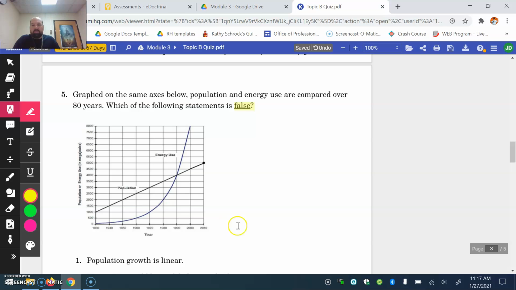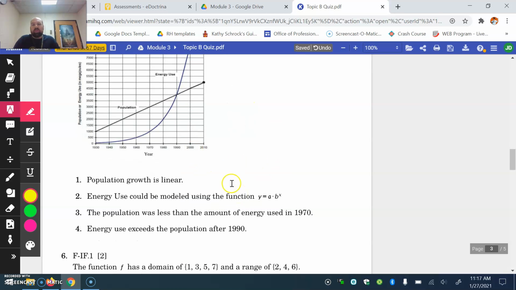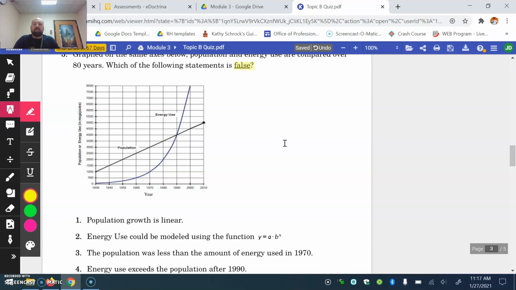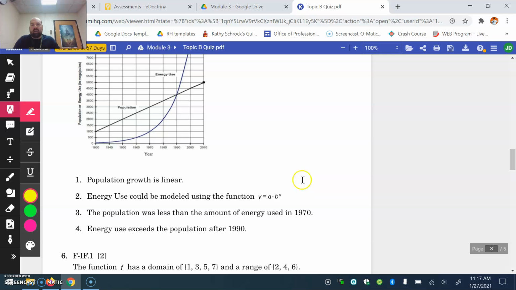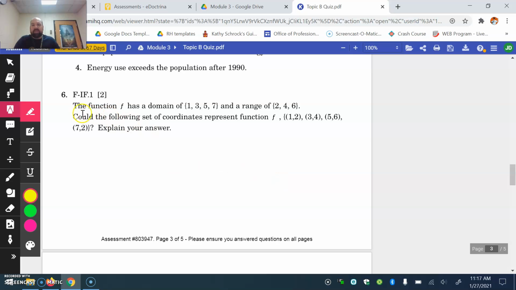Make sure you're paying attention to that fact, because I can tell some people who answered this were looking to see if it was true and answering it that way. We're looking for the one that is false. That's about all I'm going to tell you. This one should be pretty easy. It's whether or not you can read a graph, and that's it.